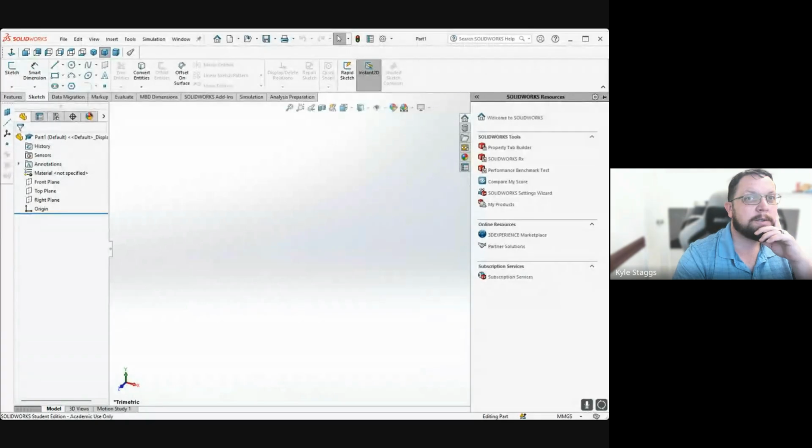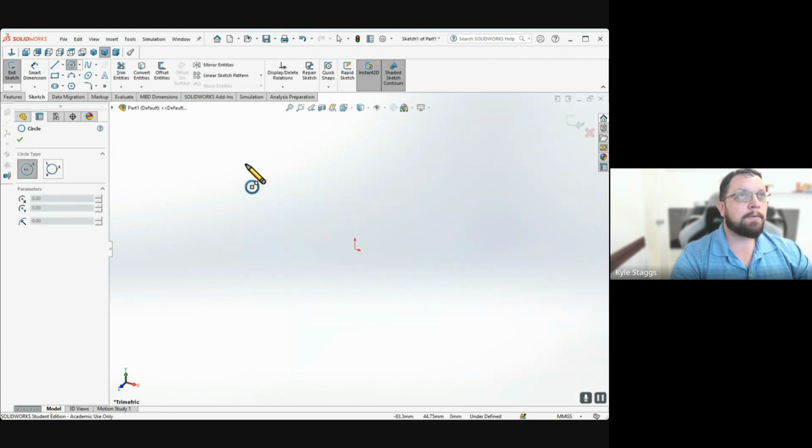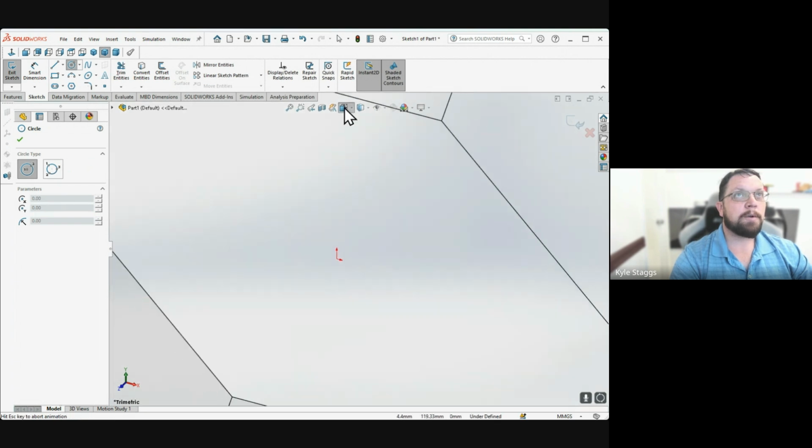Some of this stuff just sounds like gibberish until you actually put it into practice. So for this one, sure, we'll do the front plane.